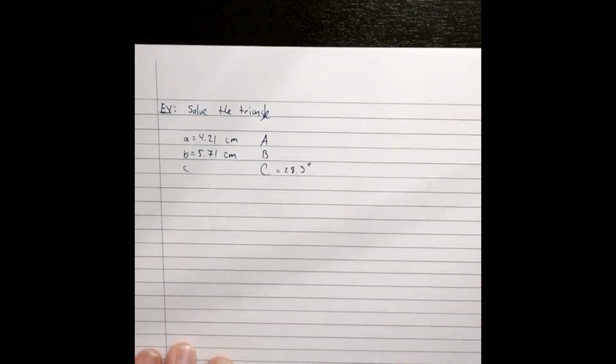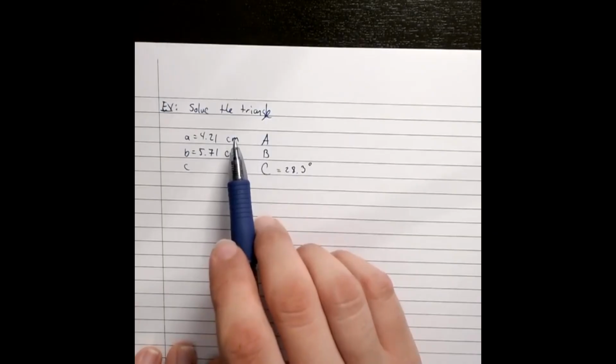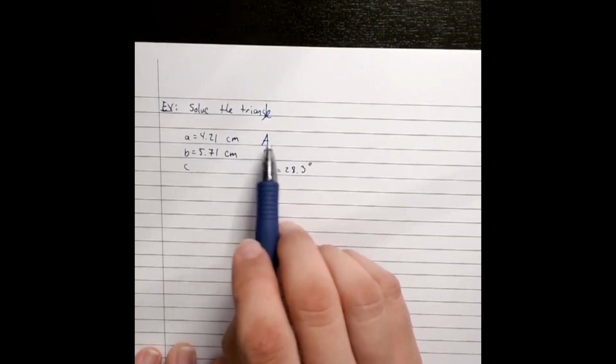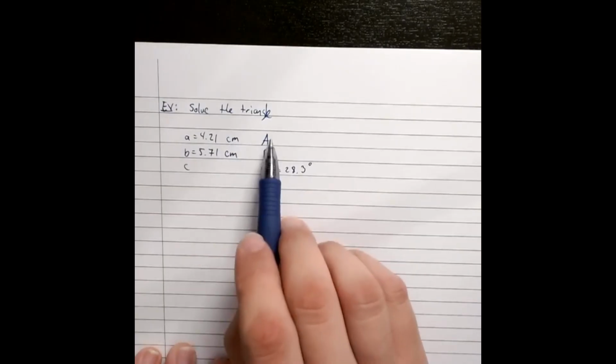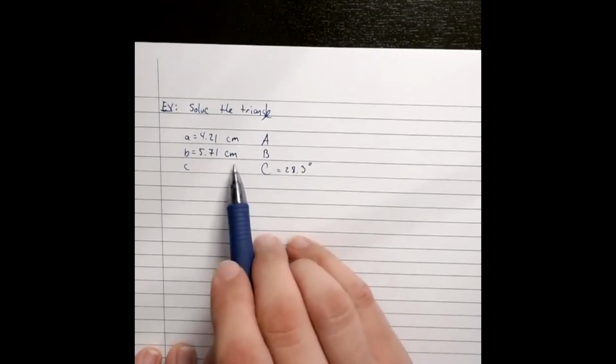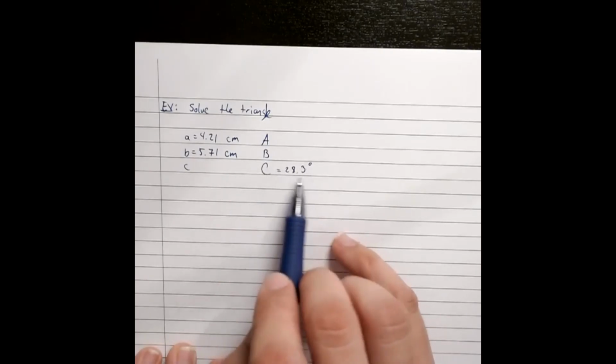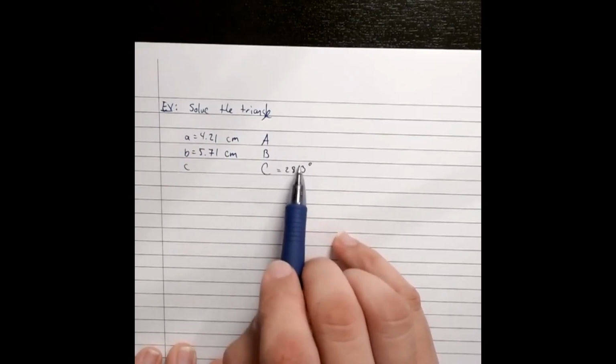Notice that we cannot use the law of sines here, because the law of sines would require us to have either this pair of angle and side length, or this pair, or this pair. So we can't use the law of sines. We can't use that angle to figure out the other angles because we only have one.